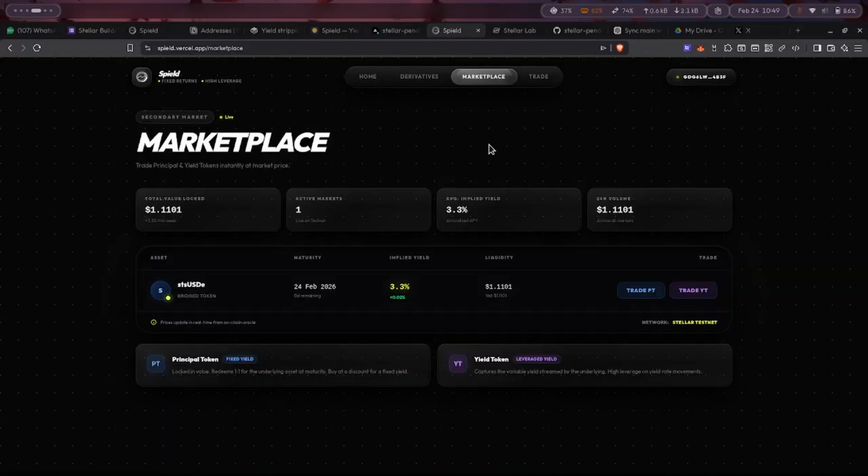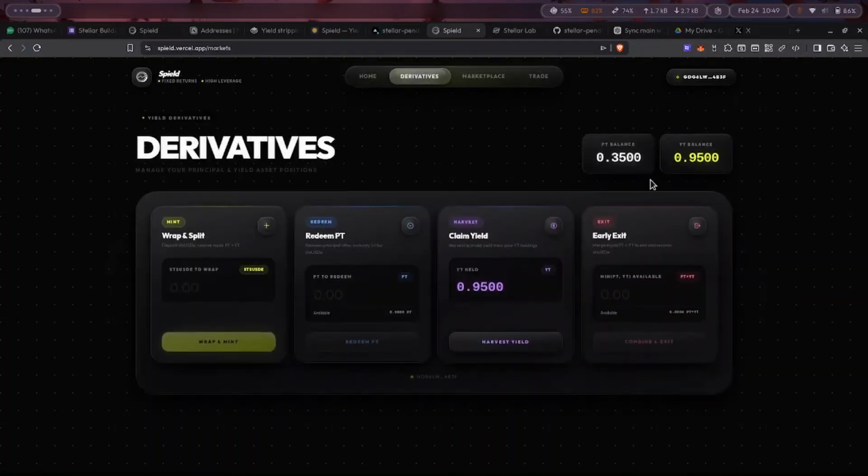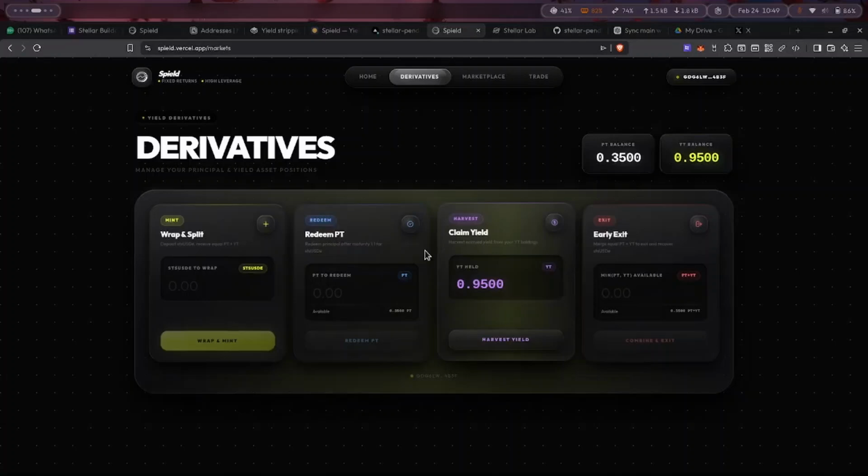And for the YT holders, they can just get the rights of the yield of the whole token by paying a fraction of the cost. This gives them leverage to enjoy the yield of a huge amount of token.